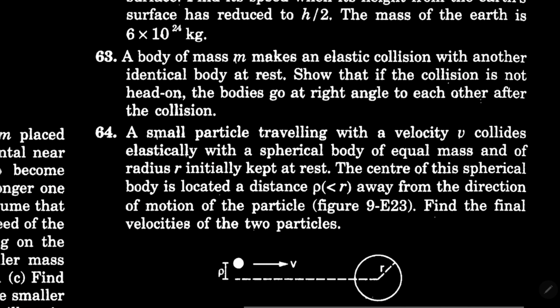In question 63, a body of mass m is given. We need to show that if the collision is not head on, the bodies go at right angles to each other after collision.